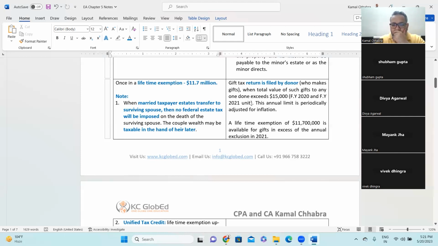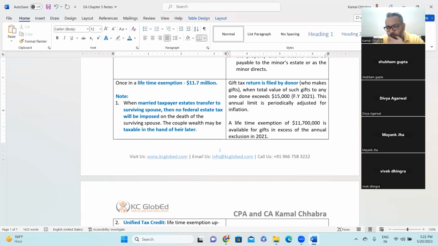Sir, like in some previous classes, it is known that the first gift can be non-taxable and can be of any amount. Sorry, say that again. If someone is giving a gift for the first time, it is known that it is not taxable. No, up to $15,000 it's not. But if the gift is more than $15,000, then it is taxable.